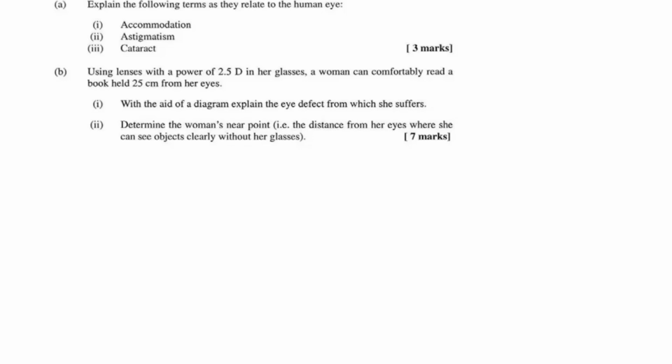Now, with the aid of a diagram, explain the eye defect from which she suffers. And then determine the near point, that is the distance from her eyes where she can see objects clearly without her glasses.